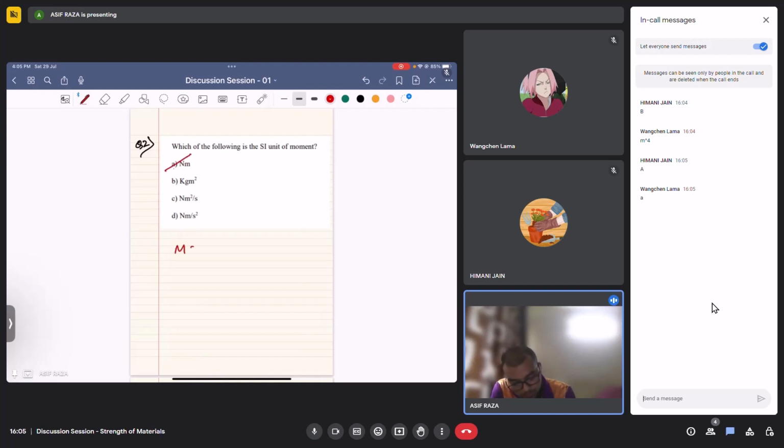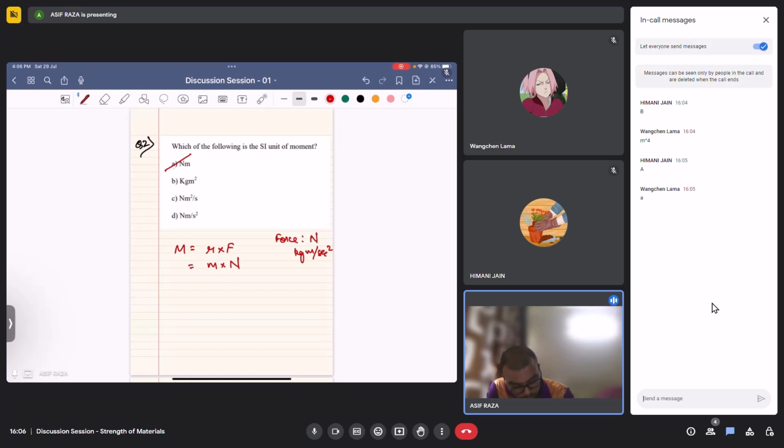So moment is equivalent to torque, and that is R cross F. R has a dimension meter, and F is force, which has a unit of Newton, or kg meter per second square.